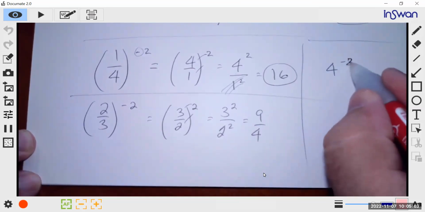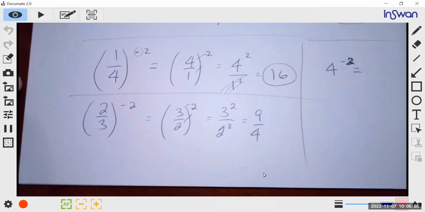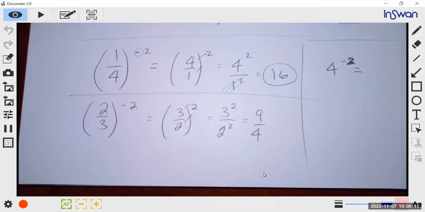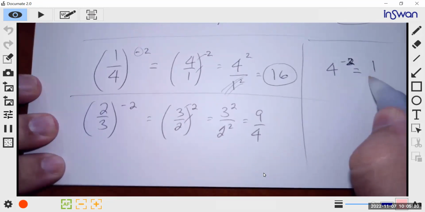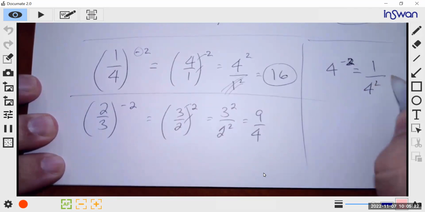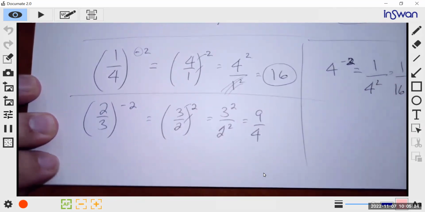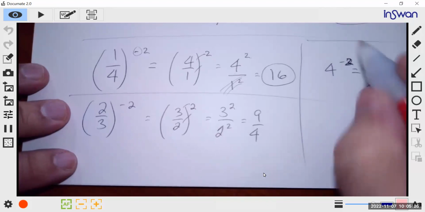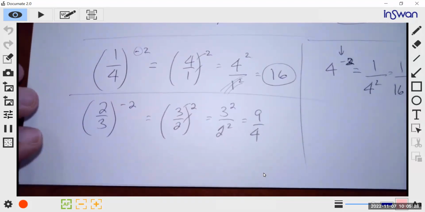Let's make it squared. One over 4 to the 2, which is 1 over 16. Because whenever you have a negative exponent, it has to be a flip.